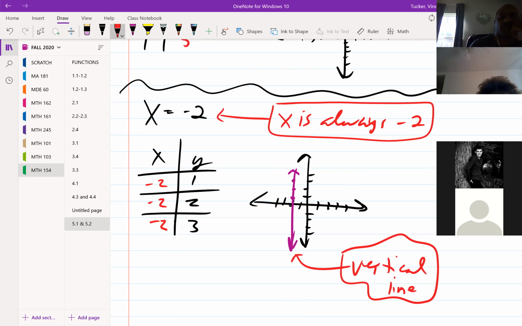So whenever you just have x involved, that will give you a vertical line. So we got one more to make sure we're good with, and we'll close out.